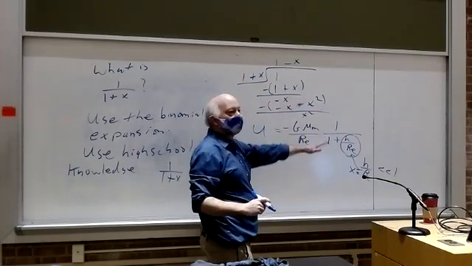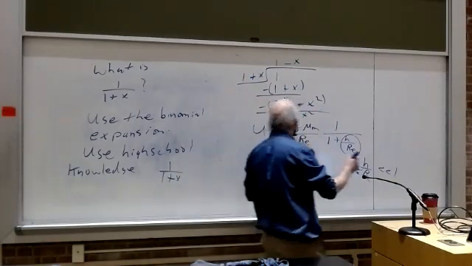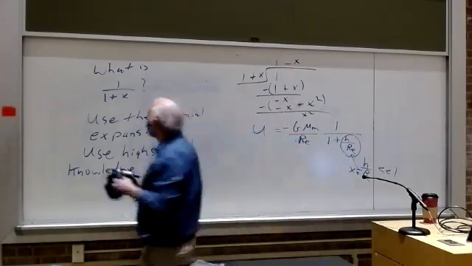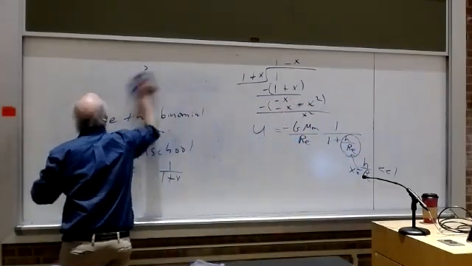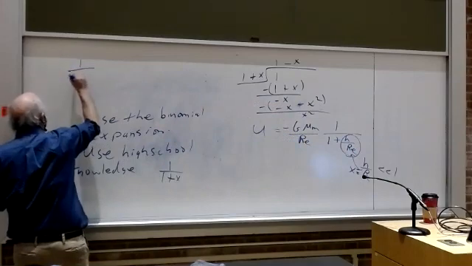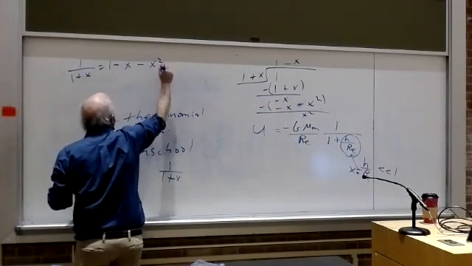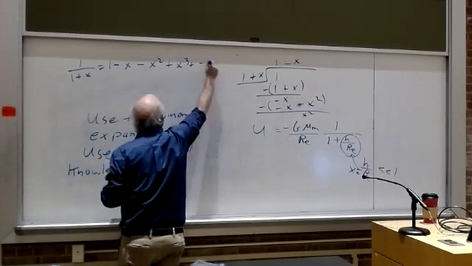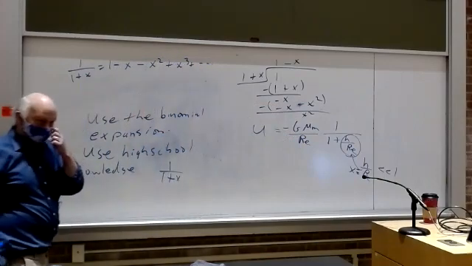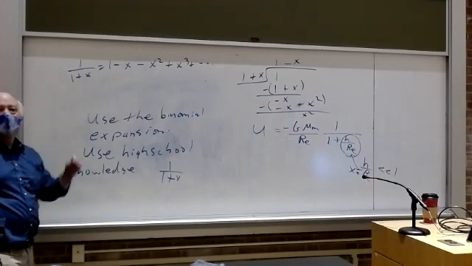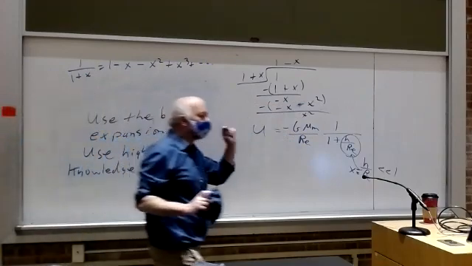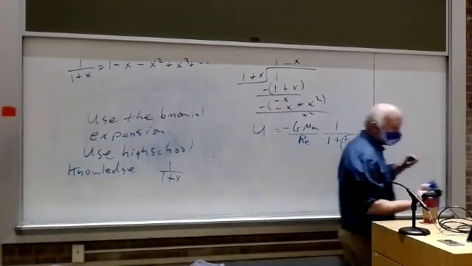And you keep on repeating this. And so what you end up with is the following. You get that this is this. You get that. Now x is small. If you square something very, very small, what happens?